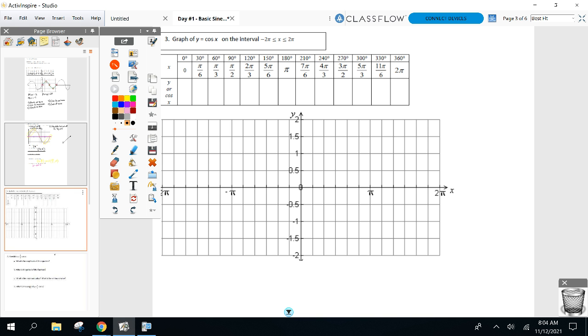Cosine's going to look a heck of a lot different than sine. Notice it doesn't start at 0, huh?